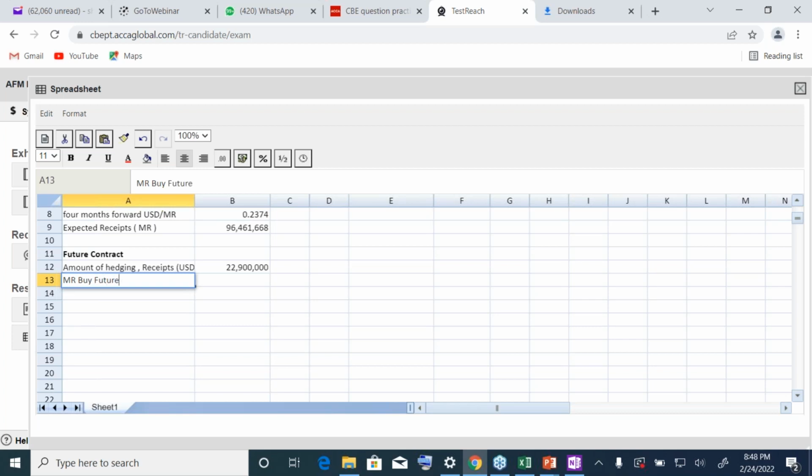Which contract? September contract. At what price?